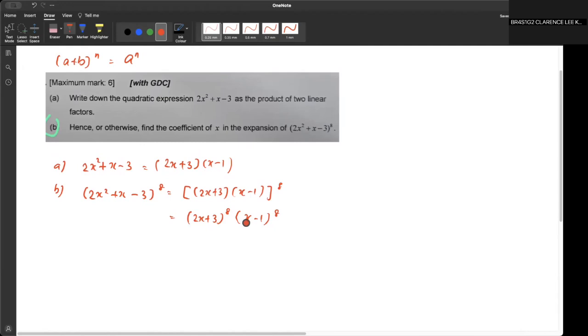Here also, the first term will be x to the power of 8, which is not required. If we keep going, the next term is nC1, a to the power of n minus 1, b. We don't need this term also, because this will give us a power 7 term. And if we keep moving, nC2, a to the power of n minus 2, b squared, and so on.